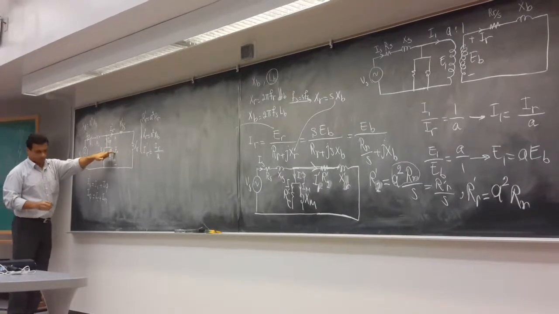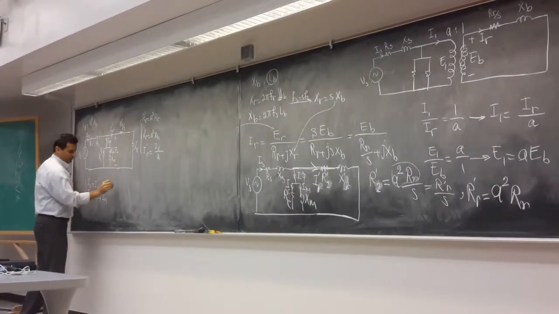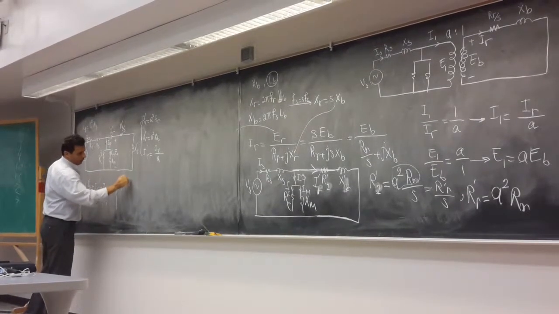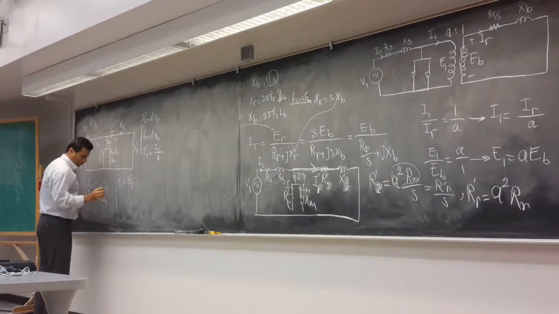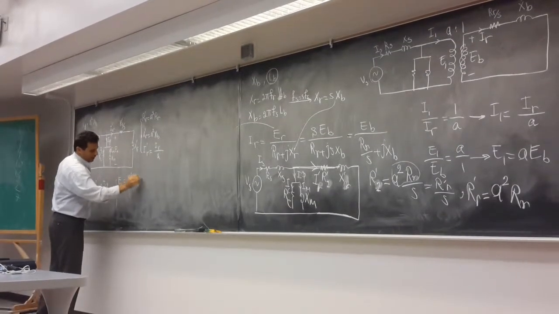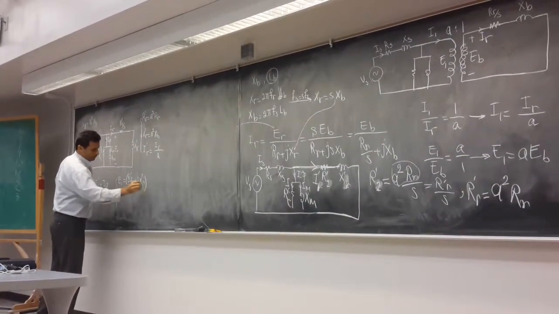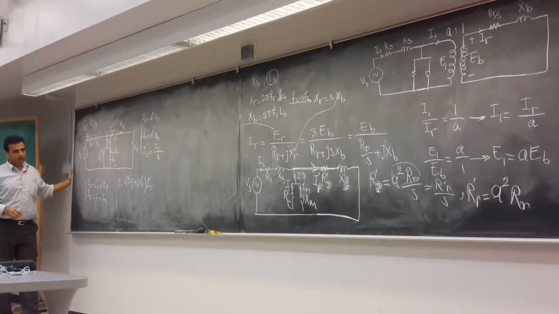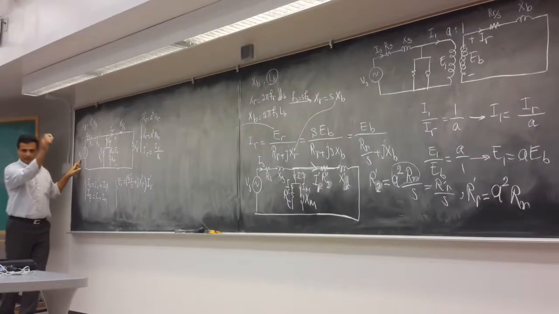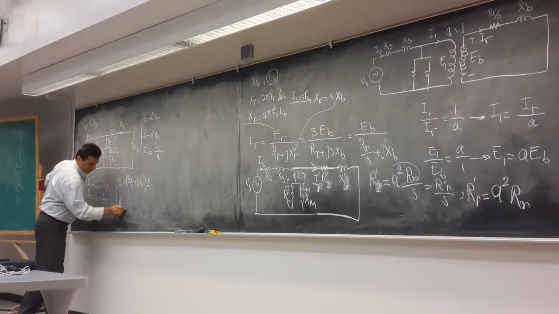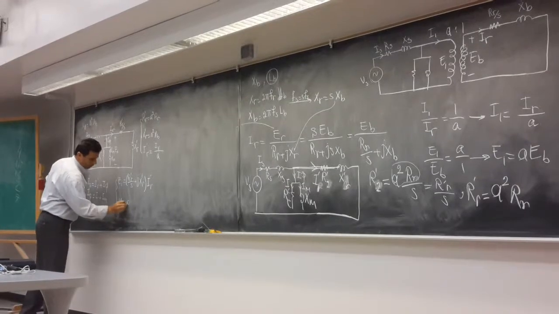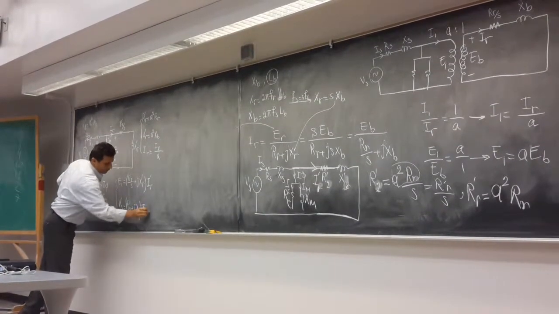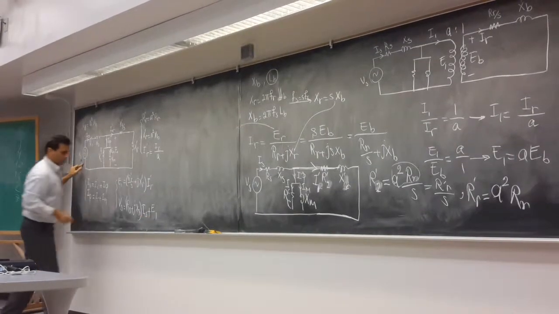What is E1? This is for currents. What is E1? It is R prime R over S plus JX prime R times I prime R, right? What is VS? RS plus JXS plus E.